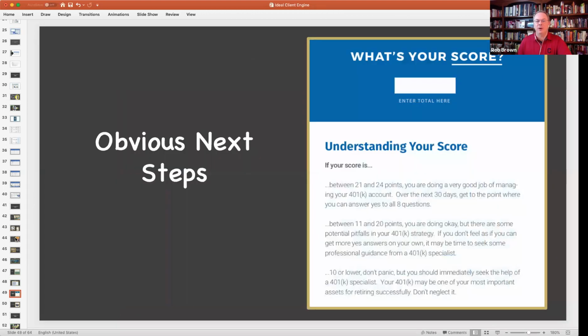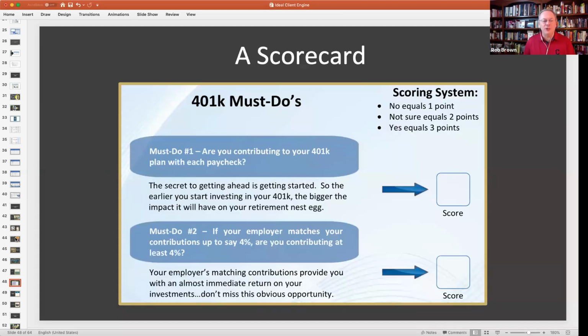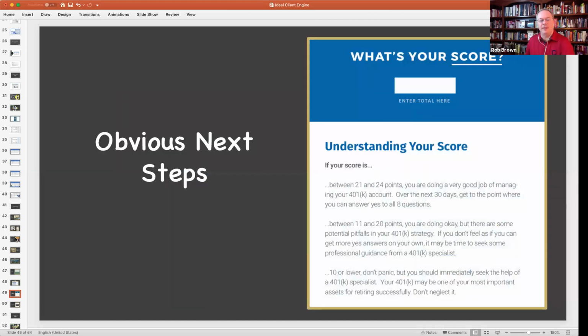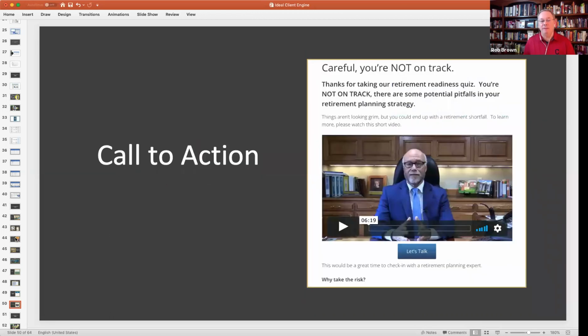It's demonstrating authority. As I mentioned earlier, there has to be a call to action, an obvious next step. So when you create that authority piece, don't forget to tell people what they need to do next. So in this case, the person doing the 401k score adds up their points, and based on the number of points, they have a goal that is set by the advisor, which includes meeting with the advisor.